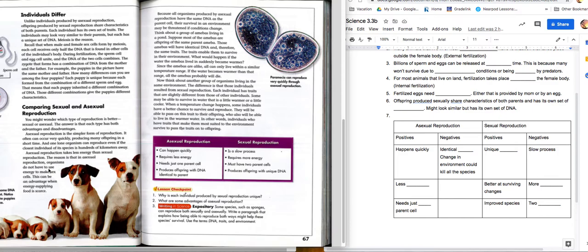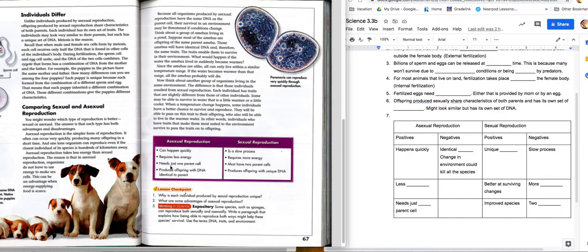So in other words, lots of times we'll look in the animal kingdom. If the winter was really hard, the next generation, there's not as many offspring, simply because not enough creatures had enough energy to use to produce the next offspring, so they just work on staying alive through the winter when food gets scarce. That's not true with asexual, so it requires less energy.